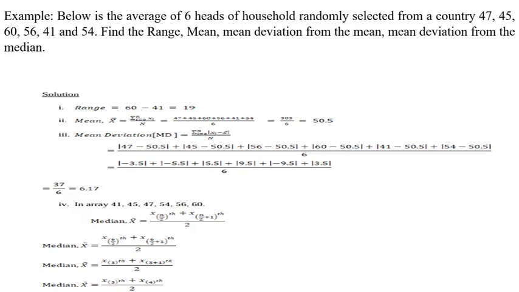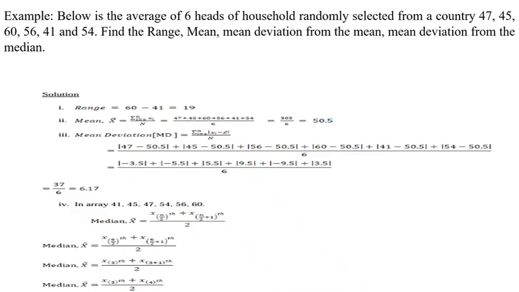So we have x at position n over 2 plus x at position n over 2 plus 1. Here our n is 6. 6 divided by 2 is 3, plus 6 divided by 2 plus 1, that will be 3 plus 1, that will be 4. So after arranging the figures from the lowest to the highest, we look for the figure that falls in the third position.